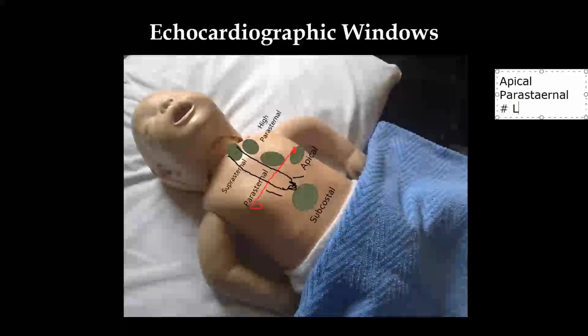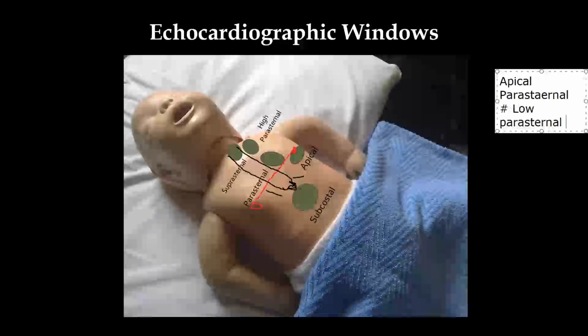One is low parasternal, the nipple line and below in the lower one-third of the sternum, and then you have the high parasternal, the ones at the nipple line and above in the upper two-thirds of the sternum.